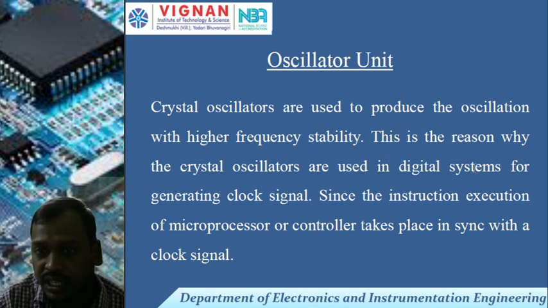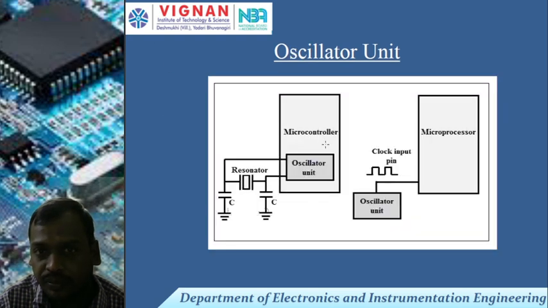This is the reason why crystal oscillators are used in digital systems for generating clock signals, since the instruction execution of a microprocessor or controller takes place in sync with a clock signal. Observe here the oscillator unit.